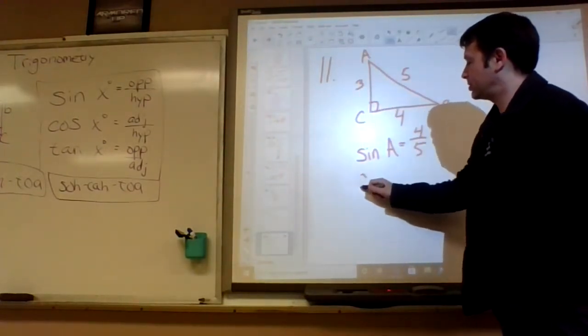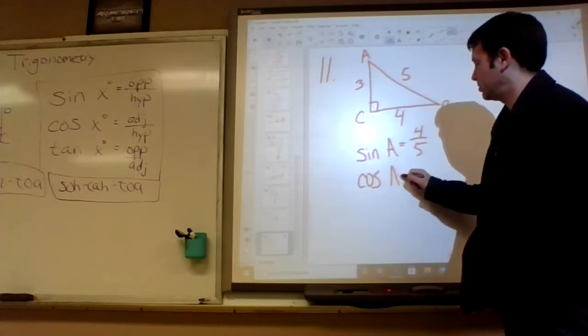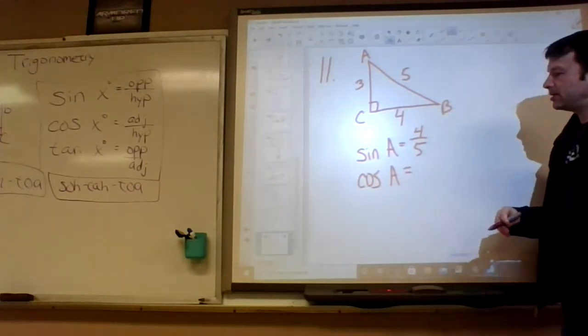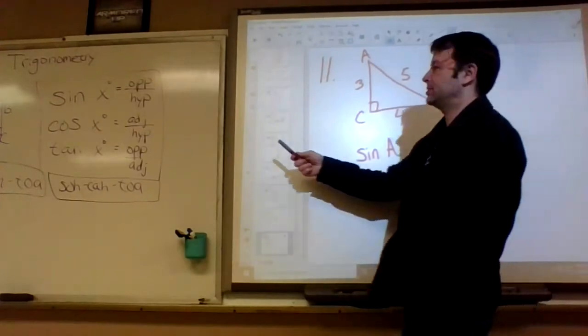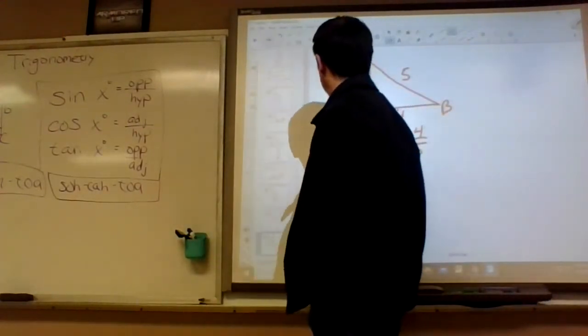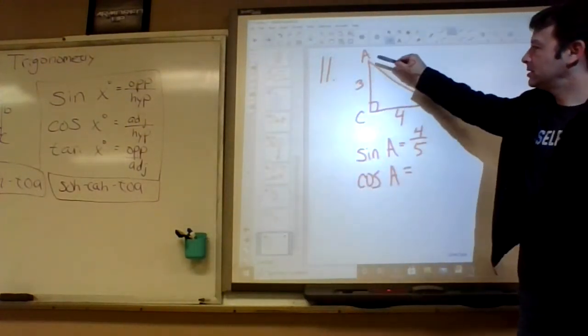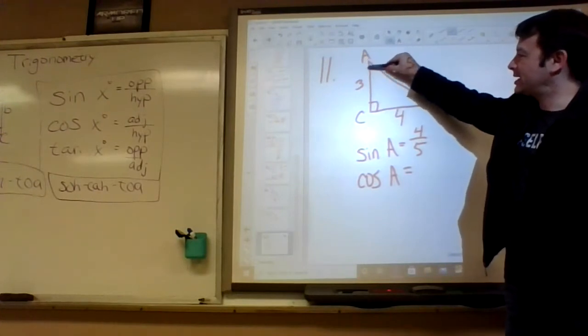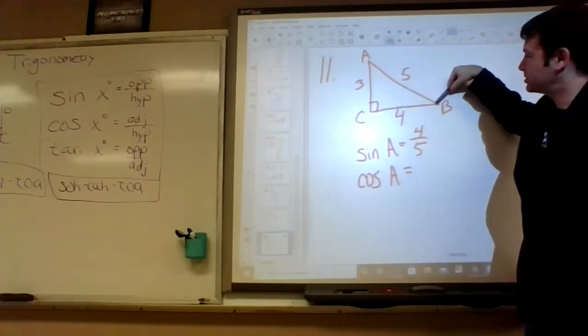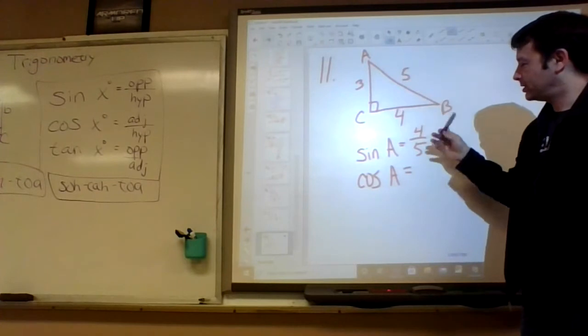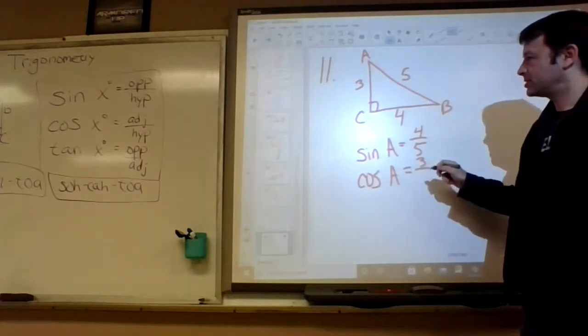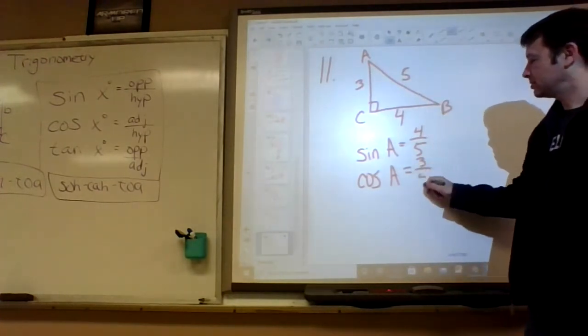Then I'm going to do cosine of angle A. So cosine is adjacent over hypotenuse. What's adjacent to angle A? No. Adjacent means next to, but not the hypotenuse. So 3. And what's the hypotenuse? 5.